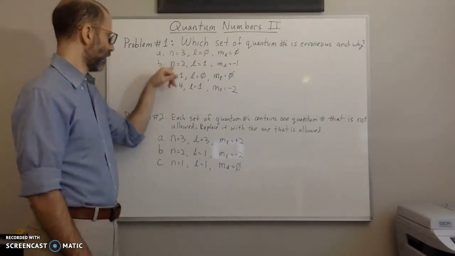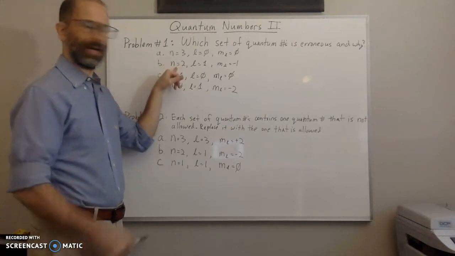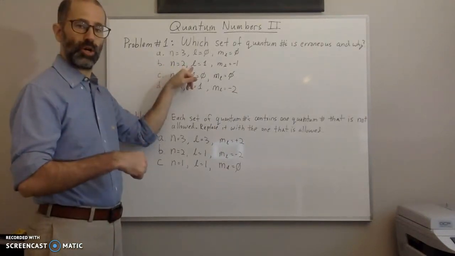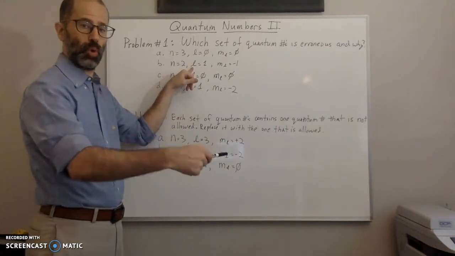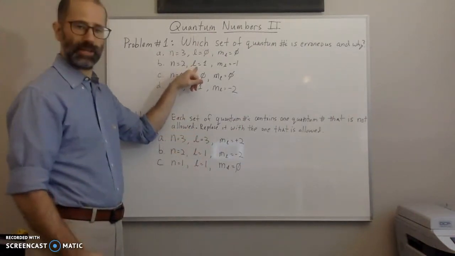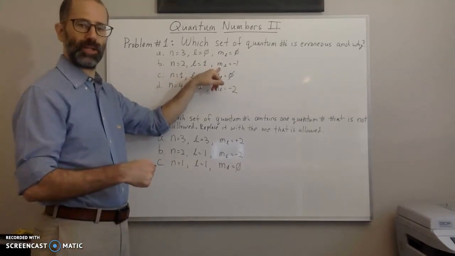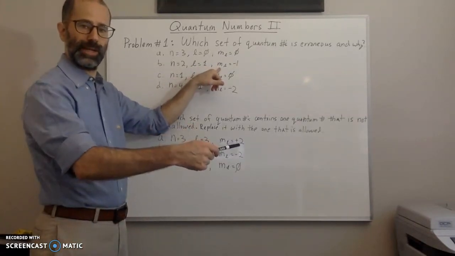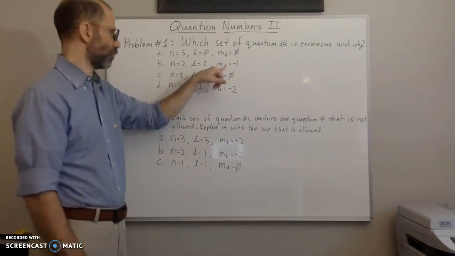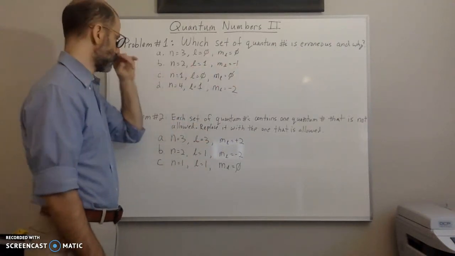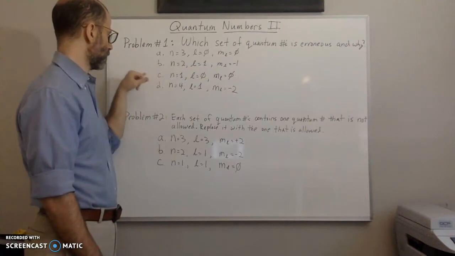B, we have n equals 2. So again, your L values can go from 0 to n minus 1, which is 1, and we have 1 here, so that fits. And then your m sub L value can go from negative L to positive L, including 0, and we have minus 1, so that fits. So B is correct.